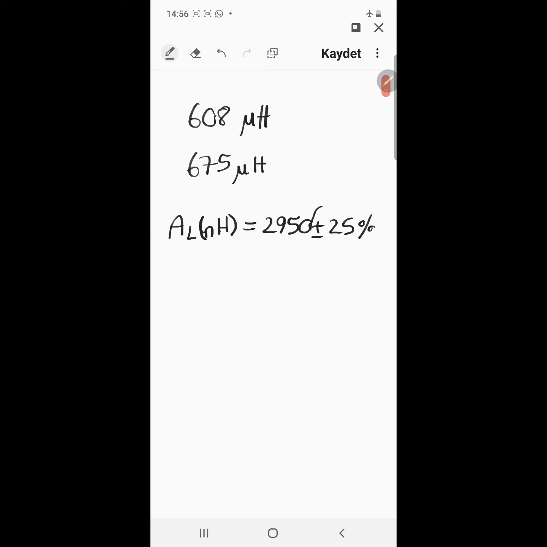This is the error of this toroidal core, plus minus 25%. This is the inductance factor, this is the error. So I think this explains why we measured different inductance values even though we used the same cores and windings.